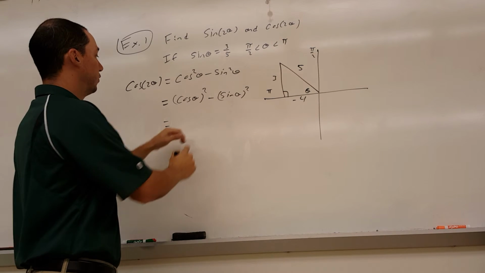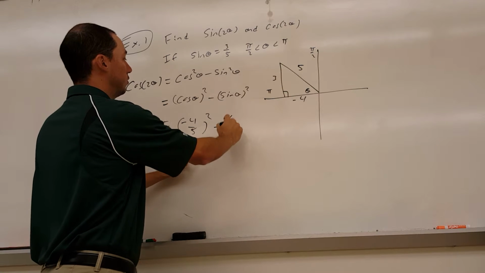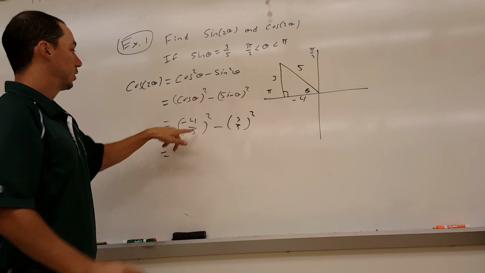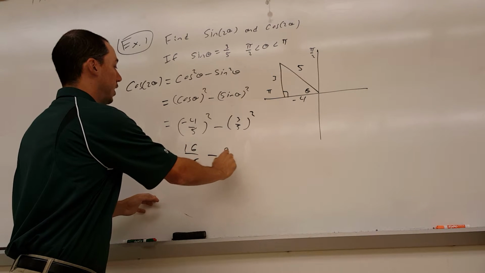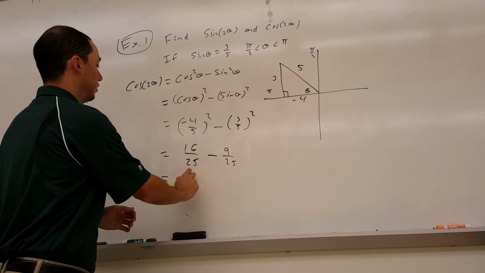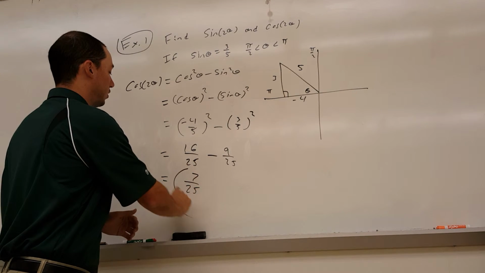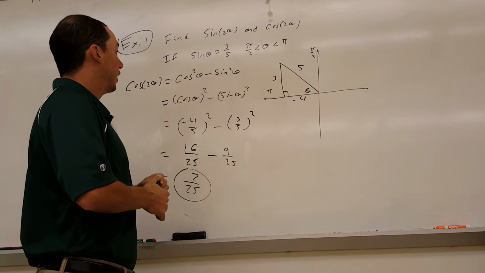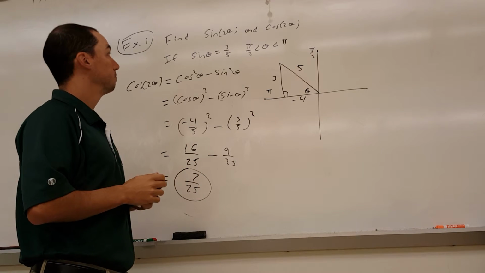Cosine of theta, negative 4/5 squared, minus sine 3/5 squared. 16 over 25 minus 9 over 25, and you get 7 over 25 again. Same answer. So it's up to you. I kind of like this one better because you didn't have to do a common denominator, but it's up to you.